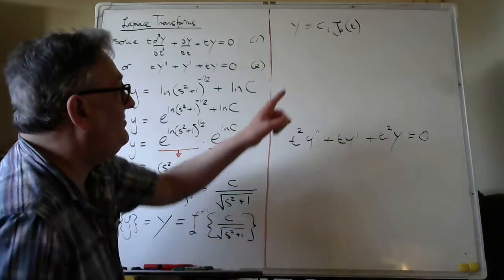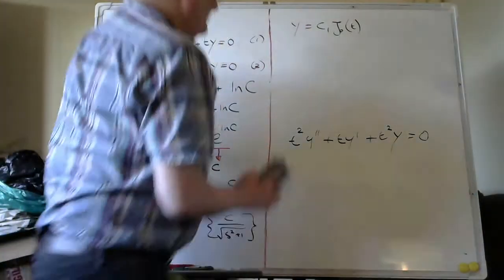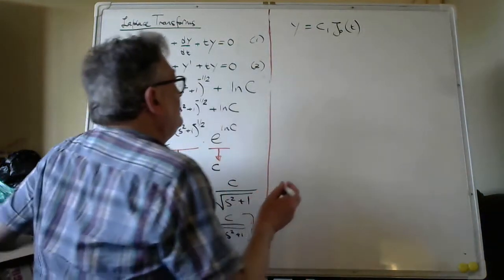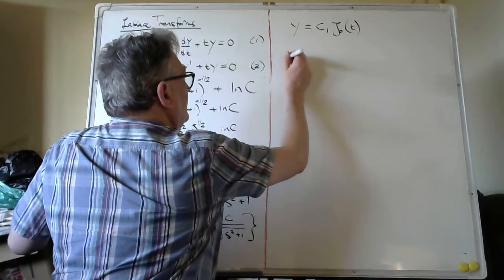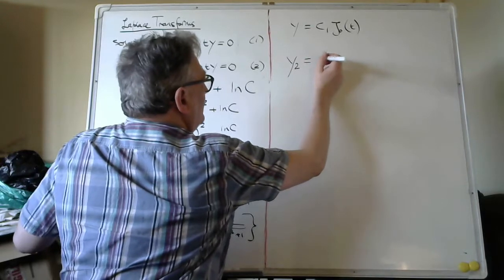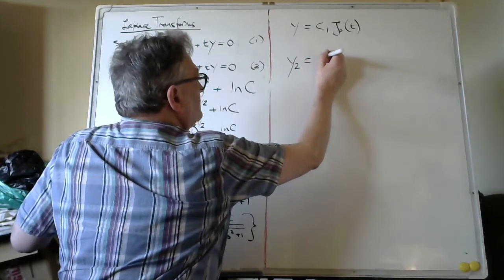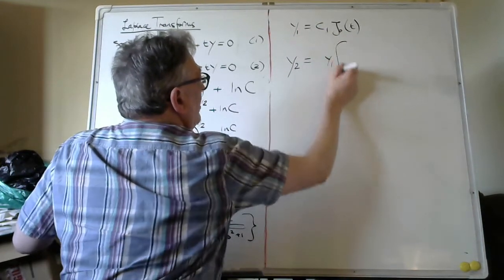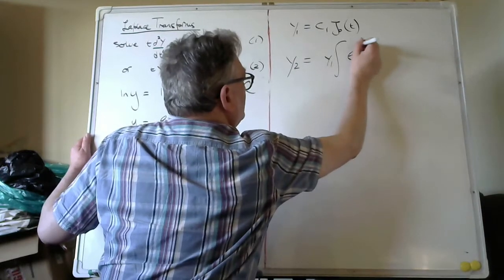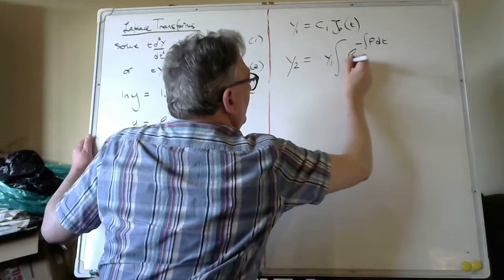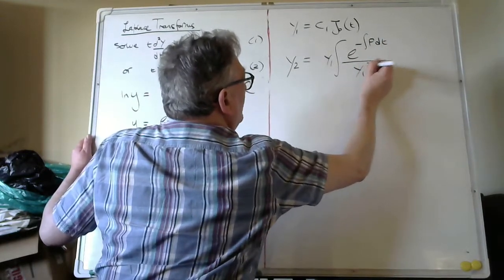Now, that is not the only solution. So what we're going to do is use an integral formula. You might remember this from previous videos, where I said the integral formula for the second linearly independent solution, y2, is equal to, well, we'll call this y1, so it's equal to y1 times the integral of e to the minus the integral of p dt, over y1 squared dt.